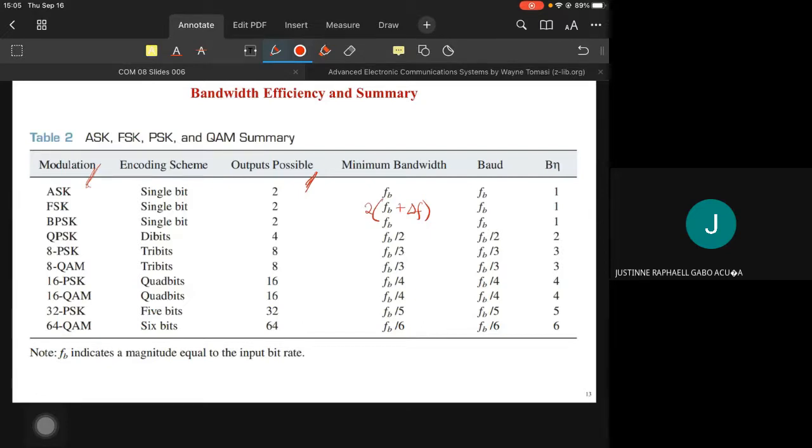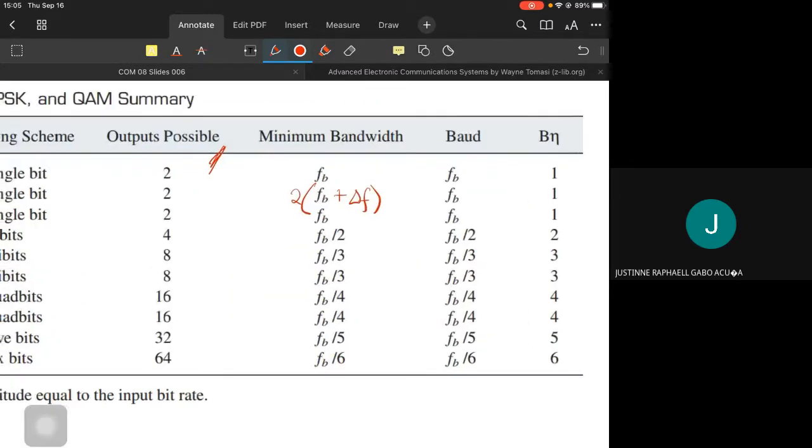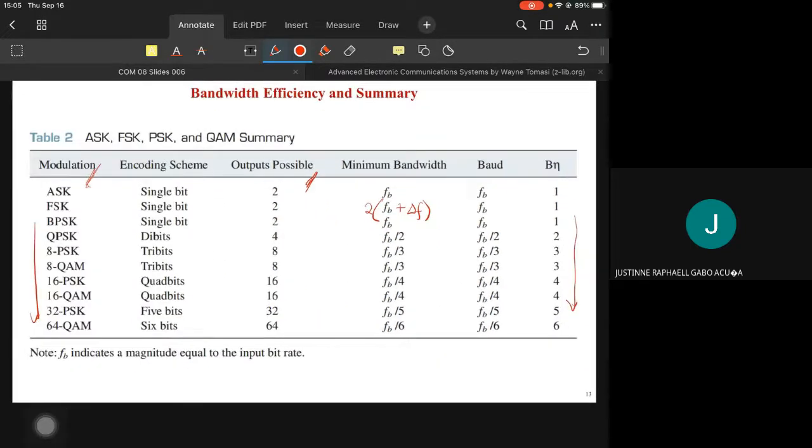The main thing this table illustrates is that the higher the modulation scheme, the higher the bandwidth efficiency. For ASK, FSK, and BPSK, the bandwidth efficiency is 1, because their bit to symbol ratio is 1:1. 1 bit, 1 baud.